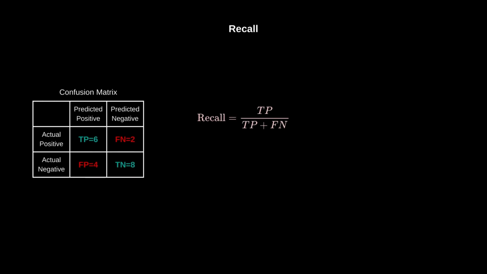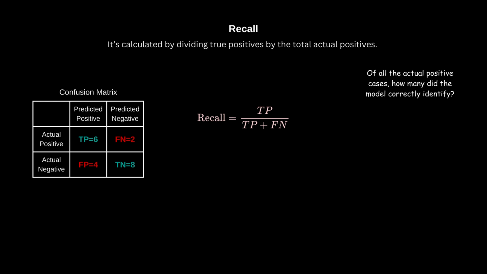Then we have recall. Recall answers the question of all the actual positive cases, how many did the model correctly identify? It's calculated by dividing true positives by the total actual positives. That is, true positives plus false negatives. A high recall means fewer false negatives.